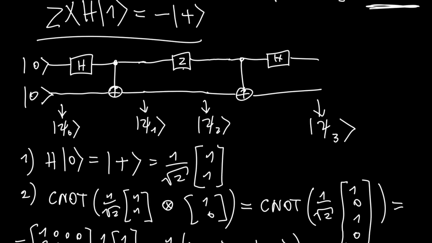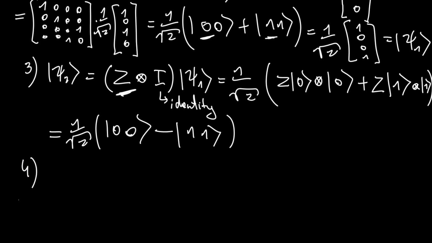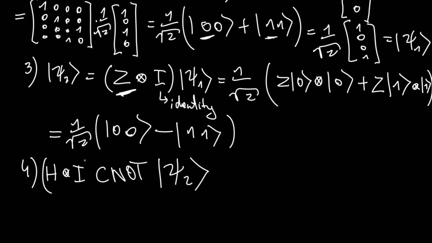So what can we do now? We can apply CNOT and then Hadamard. We can do those both in one go. Apply CNOT to the psi2 state, and then apply Hadamard to the first qubit, second leaving alone, multiplying those two and applying the state.